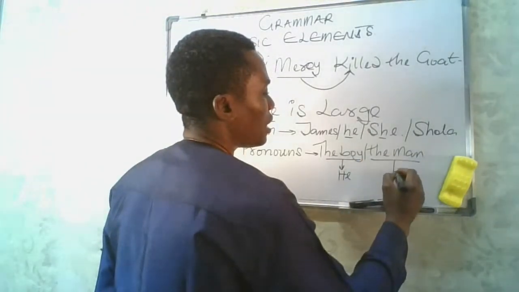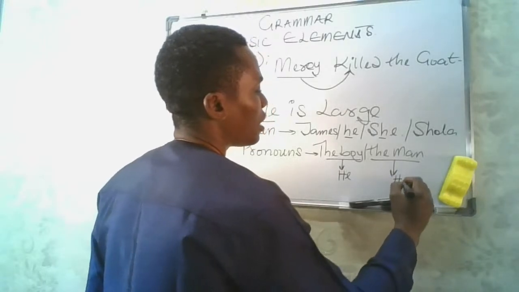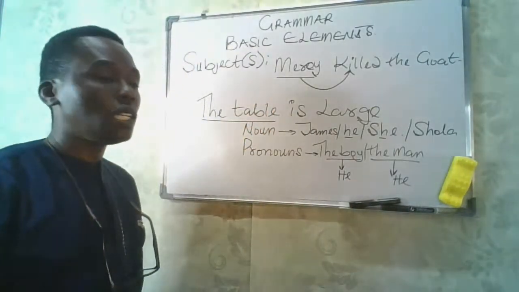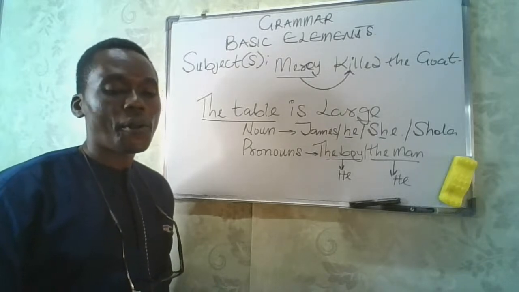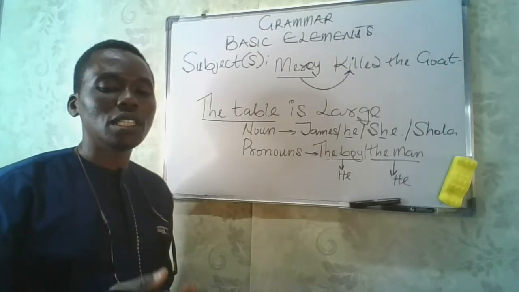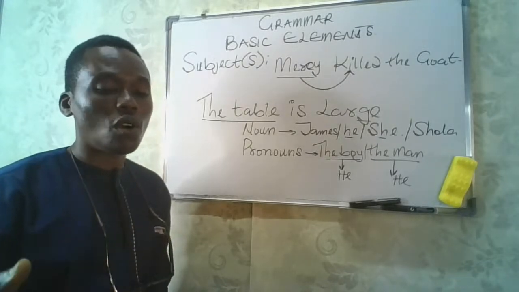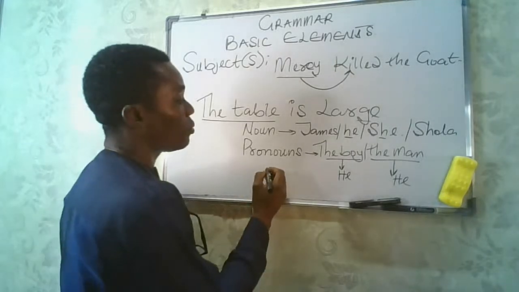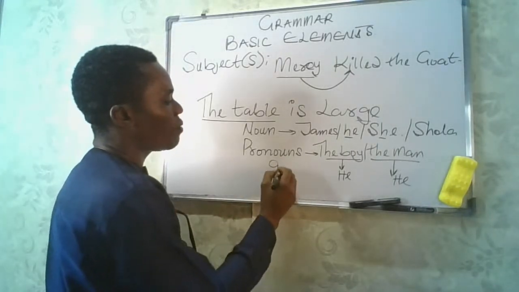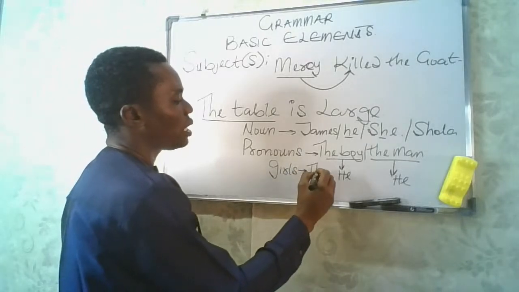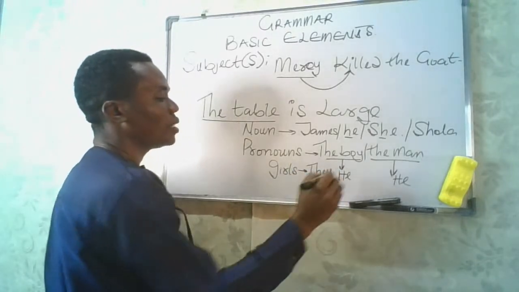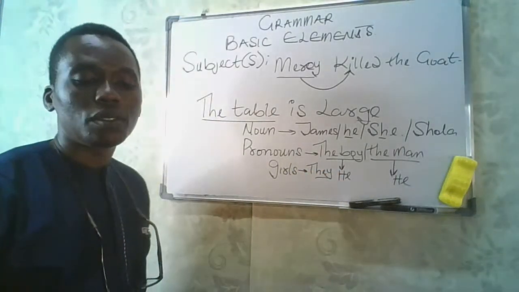For the man, I can still say he. So you see, the he and the he is also what? A pronoun. So pronouns are used instead of what? Instead of the nouns. Now, if I have girls, I can use what? They as the pronoun.